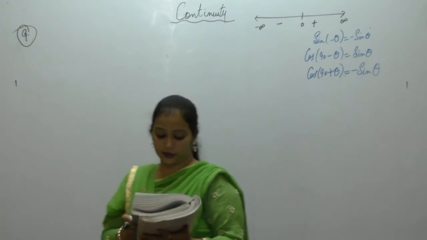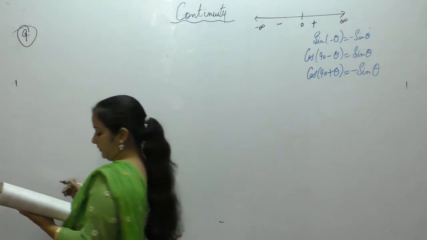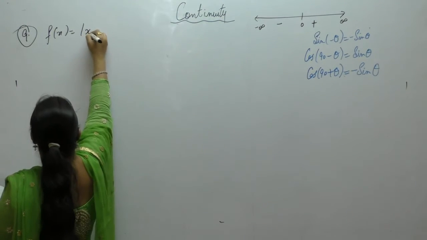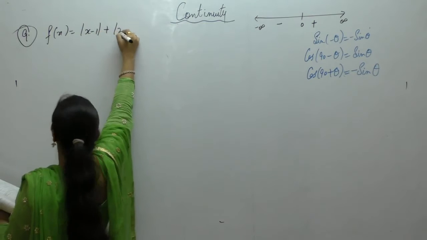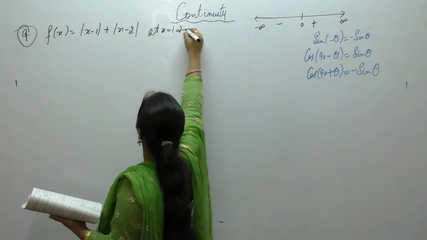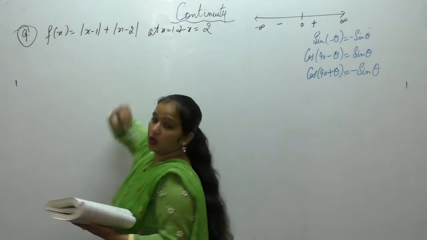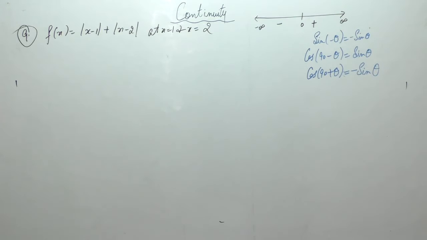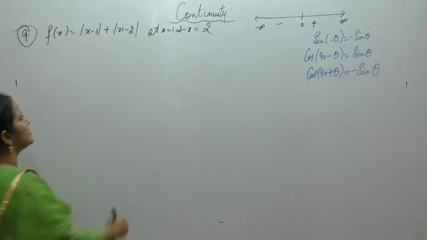Discuss the continuity of the function given by f of x as modulus of x minus 1 plus modulus of x minus 2 at x is equal to 1 and x is equal to 2. We have to check the continuity of function at both points, when x is equal to 1 and x is equal to 2.